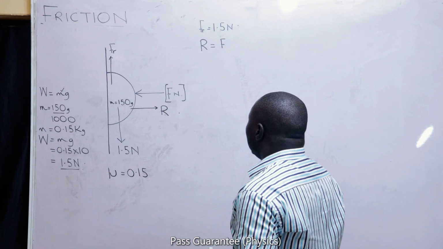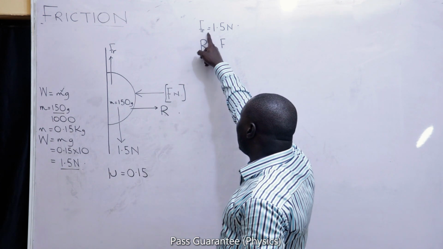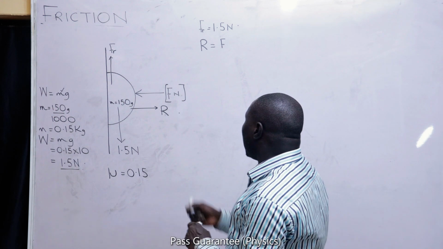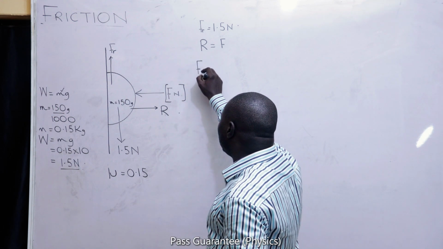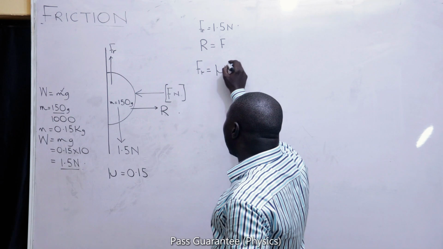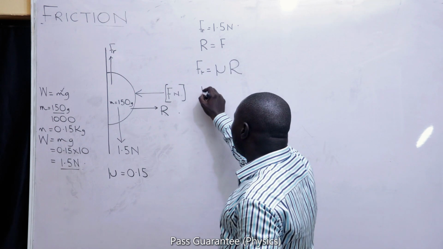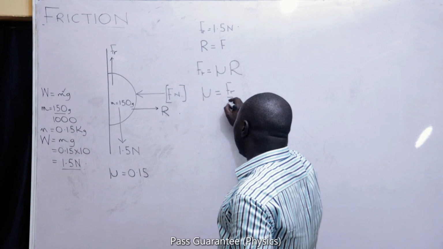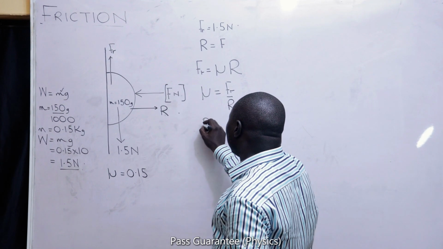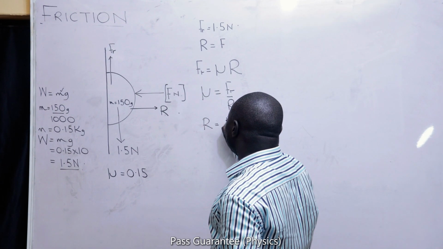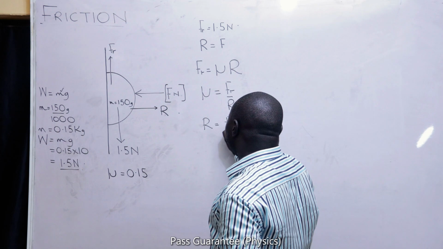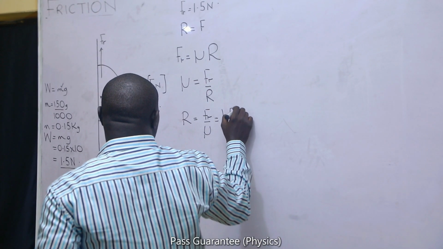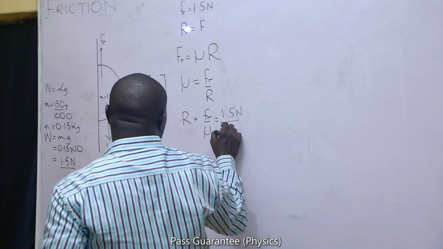So if friction is known to be 1.5 and I already know the coefficient of friction to be 0.15, I can use my expression for friction, which is friction is equal to mu R. My R becomes friction divided by mu. My friction is 1.5 Newton, while my mu is 0.15.